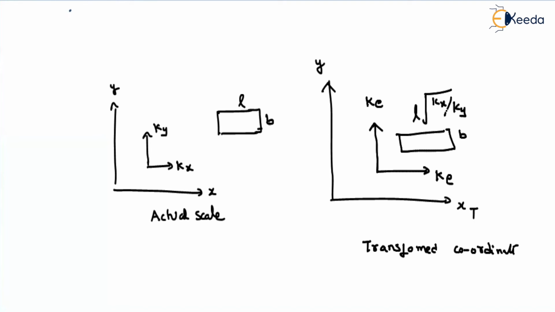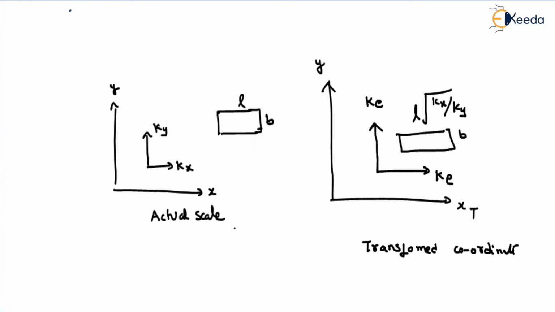If you are transforming the y coordinate instead, then the y dimension, which is b, will change, and it becomes b into under the root ky divided by kx. So whichever dimension you change, you have to change the width corresponding to that direction.